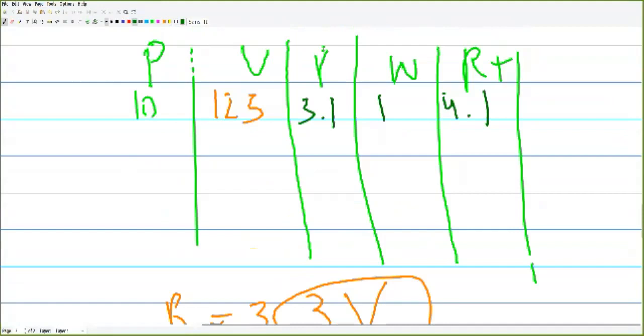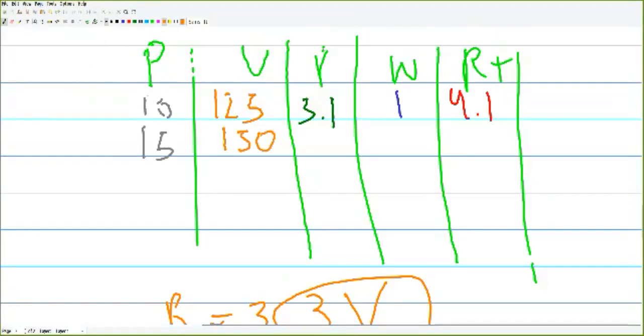Okay. Let's do the same thing, but now with 15. Let's change up a bit the colors. So it was 10. Now we're doing it with 15. So our volume is going to change. It's 150.